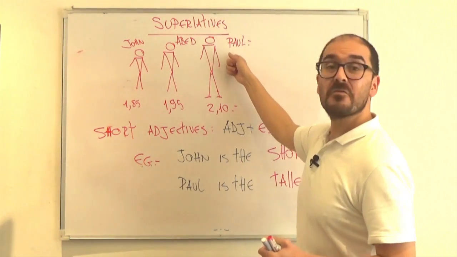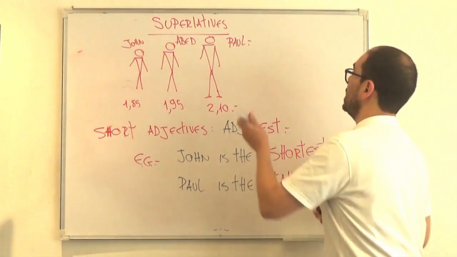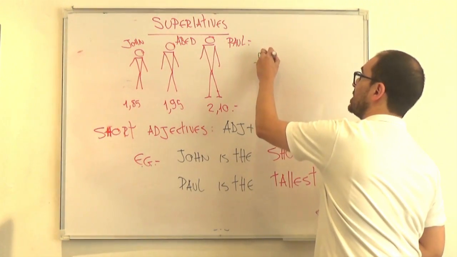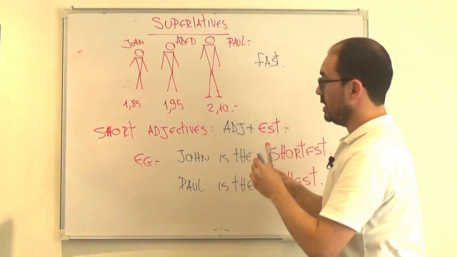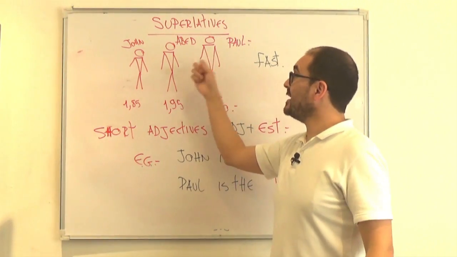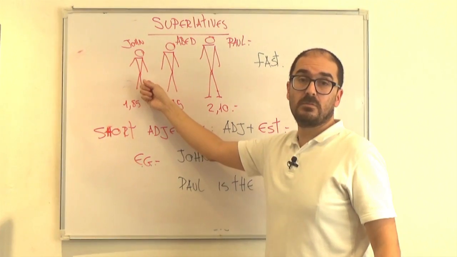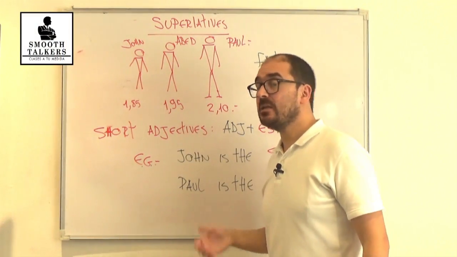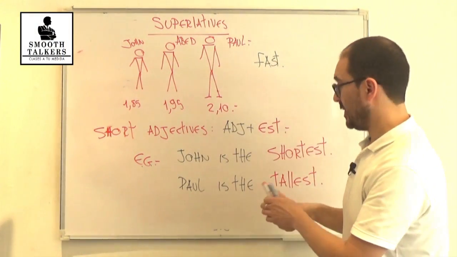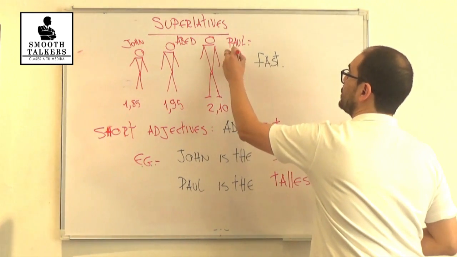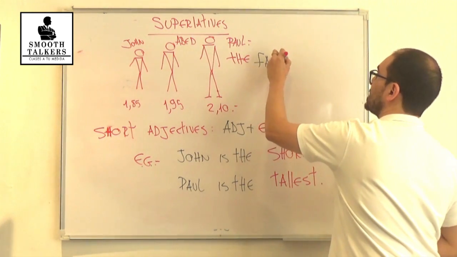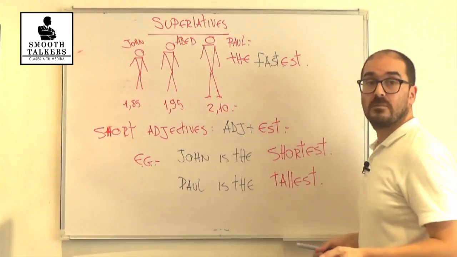And he runs faster. I'm going to write it here. So the adjective is fast. He runs faster than Abbott and faster than John. So we can safely say that Paul is the fastest in the group.